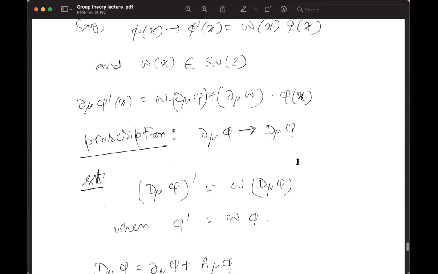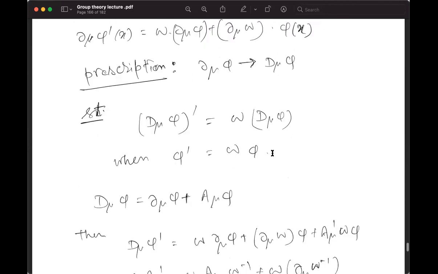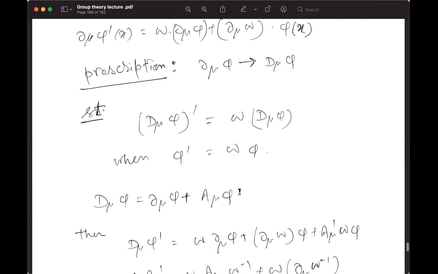The prescription is to go from the ordinary derivative ∂_μ phi to the covariant derivative D_μ phi, such that D_μ phi' equals Omega D_μ phi. The way the field transforms, the covariant derivative must transform the same way, and that's the origin of this construction of the covariant derivative.